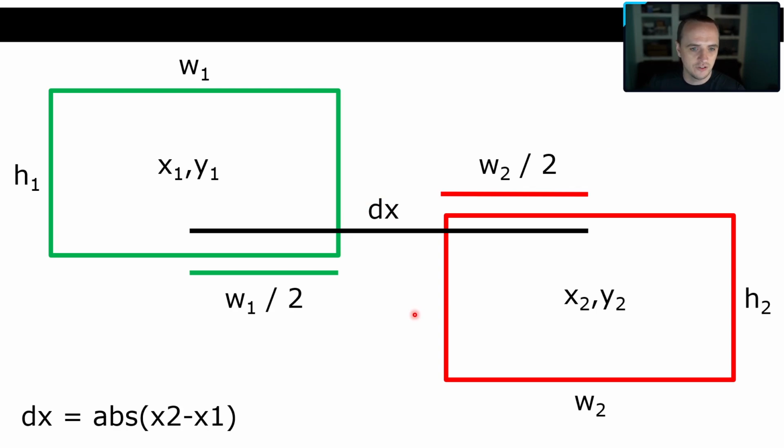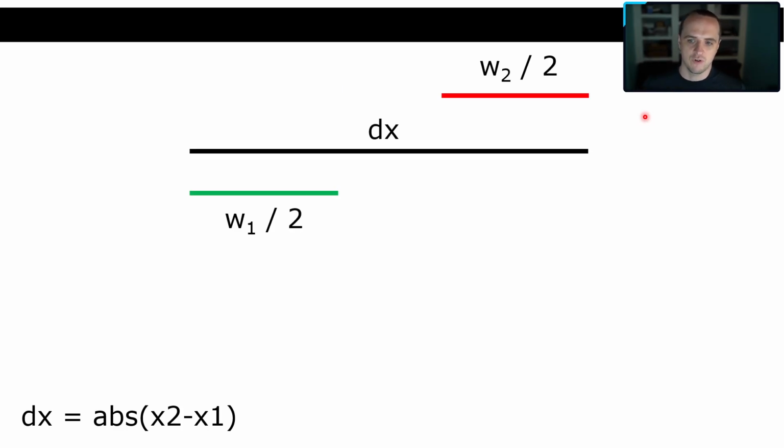Next, we're going to calculate, or we've already stored, half of the widths of both of these rectangles. Okay, so we've got W1 over 2 here, which is this green line segment, and W2 over 2 over here, which is this red line segment. So this is the data that we have right now.